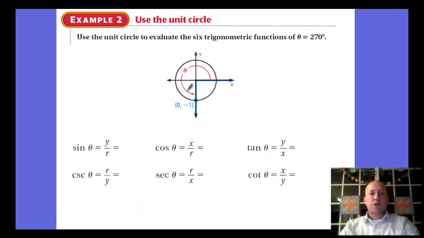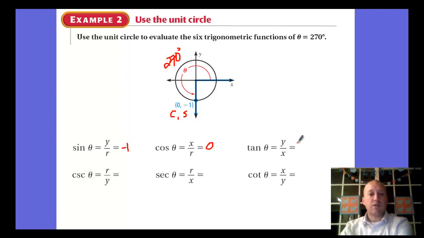So we can use the unit circle to help us find some of these. So here we have the theta is 270. Theta is 270 right here, 270 degrees. Then we go all the way around here, our point 0, -1. So we just realize again it's cosine, sine. So sine of theta is -1. For cosine, the value is going to be 0. And then tangent, we're going to divide y over x.